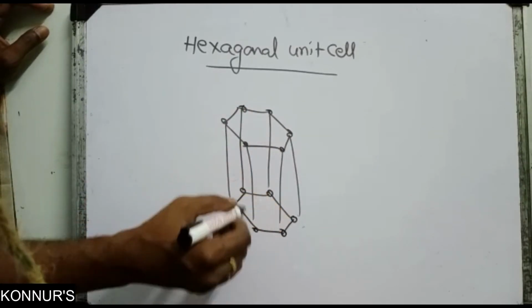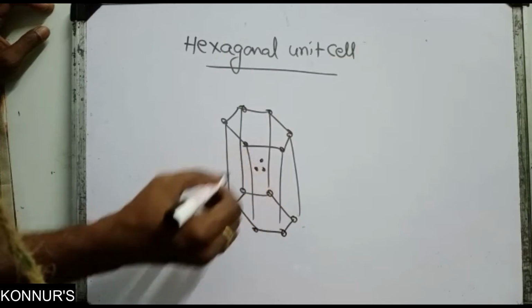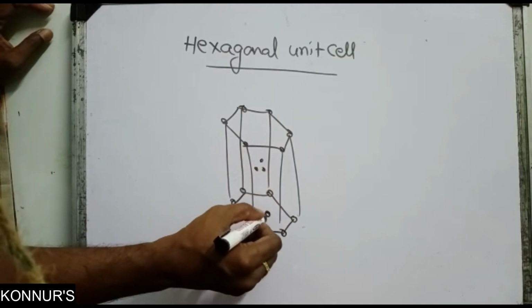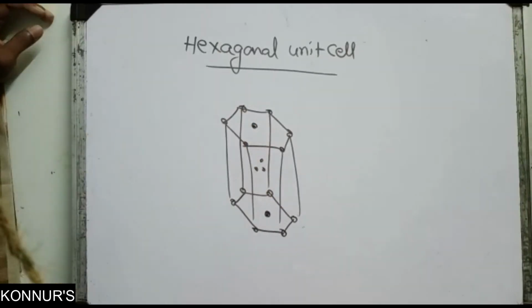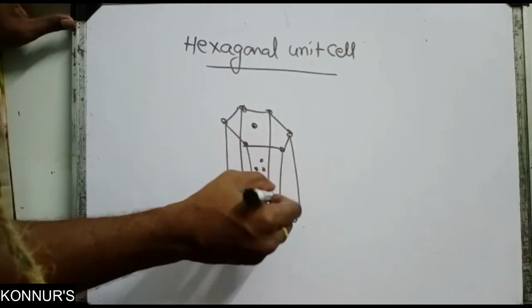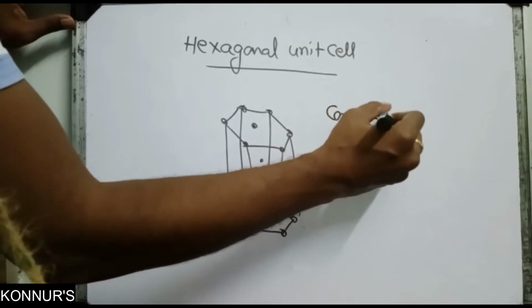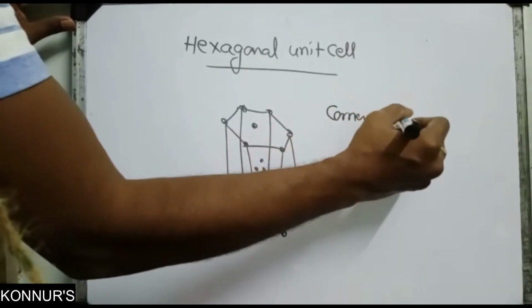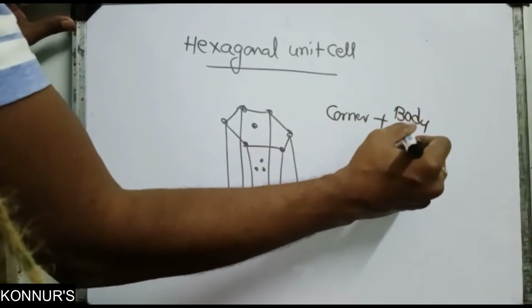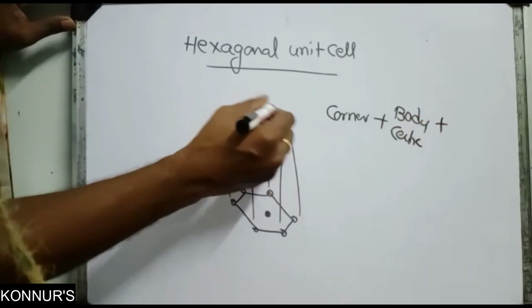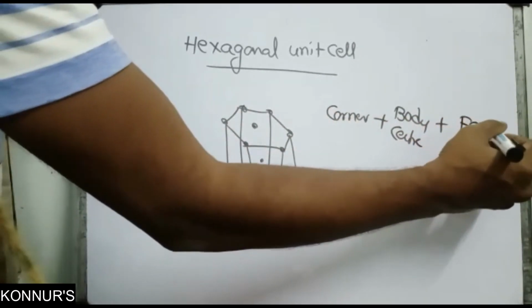It has 12 corners, the middle has 3 body centers, and face centers are 2. See, in the hexagonal crystalline structure, we have corner points plus body center points plus face center points.